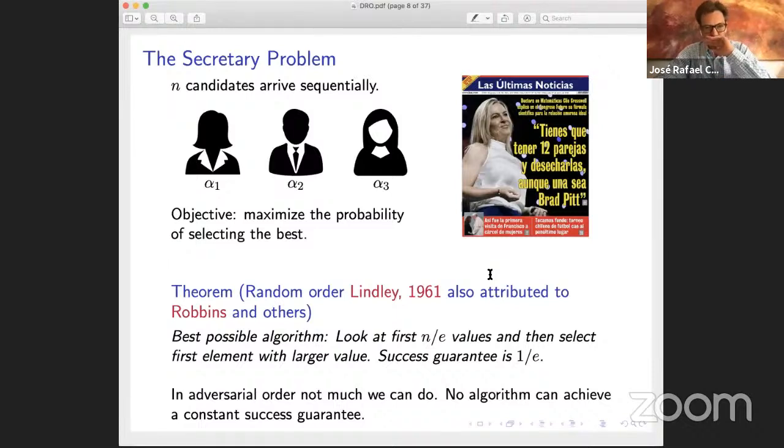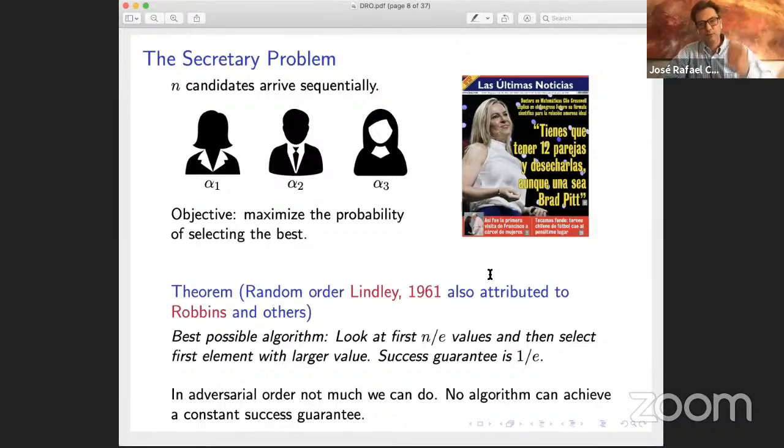So in the secretary problem, you have n candidates that arrive sequentially, and you want to maximize. So the values now are not distributional, they are arbitrary values. So the candidates have arbitrary values, which we call alpha 1 to alpha n. And you observe the sequence sequentially. The sequence typically comes in random order, but we'll also see the adversarial order case.